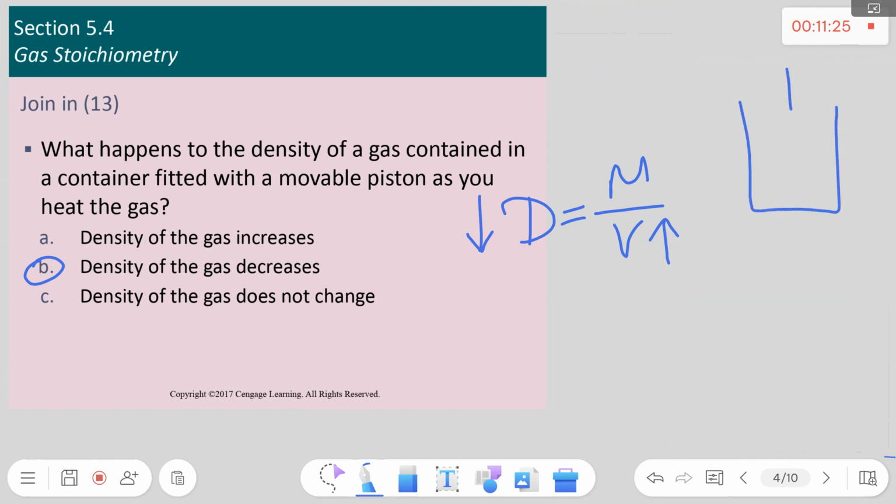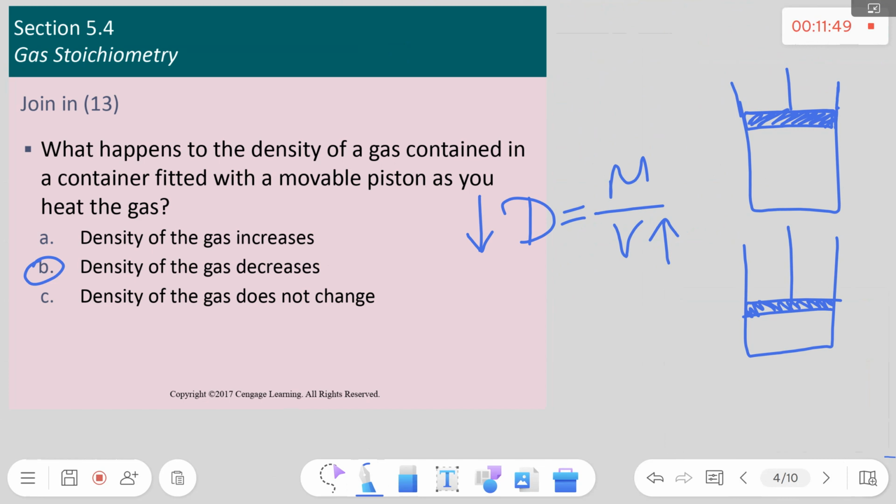So let's draw a little piston here. I'll draw before gas is added. Dallas, give me a number between 1 and 10. Malachi, give me a number between 1 and 10. 5, okay.